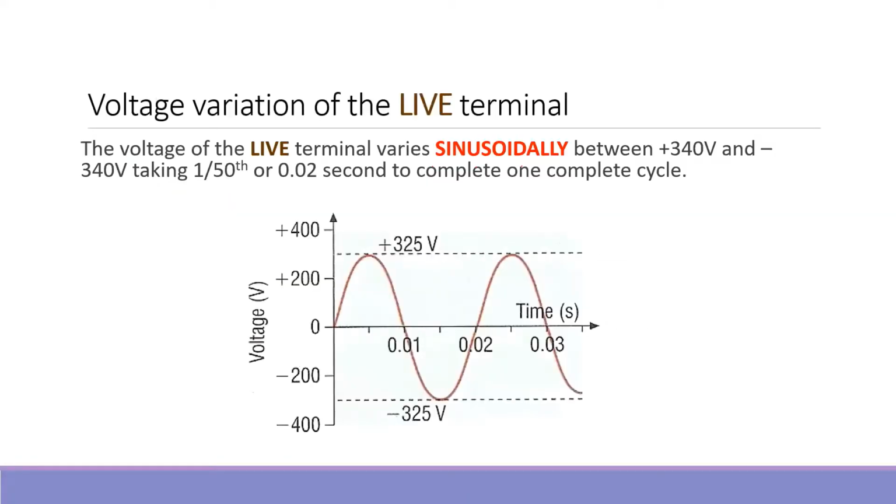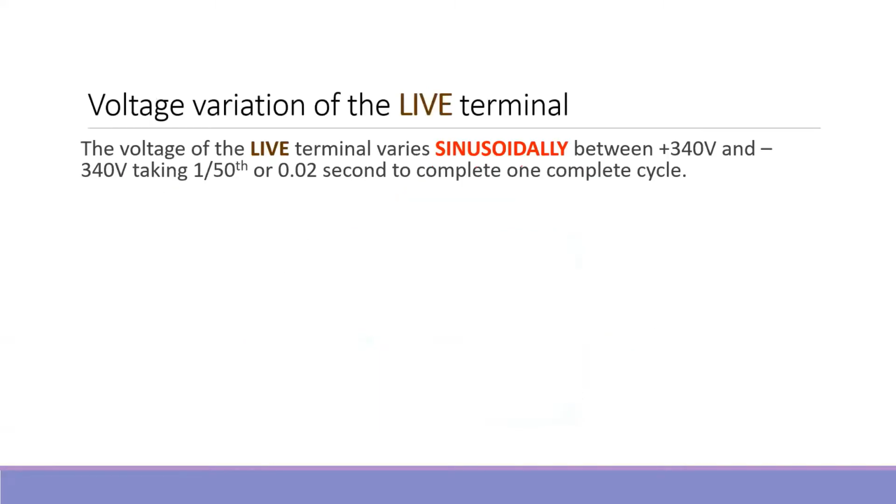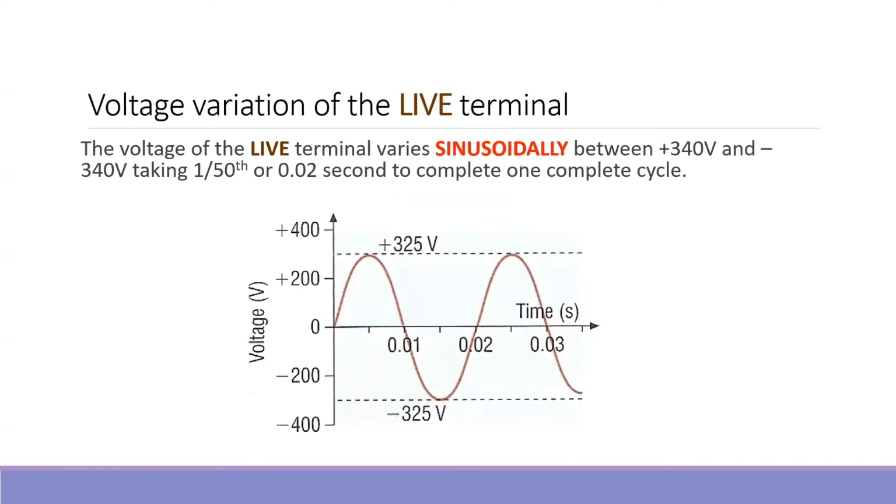Okay, this is going to be the last thing I'll talk about, and then I'll talk about this stuff later. So what does the AC current look like? The voltage of live terminals varies sinusoidally, which means it follows a sine wave.